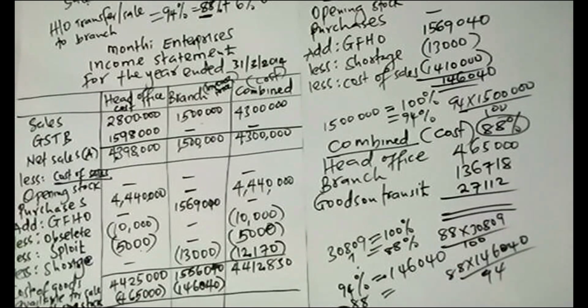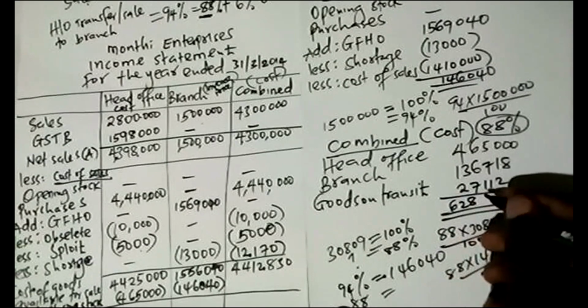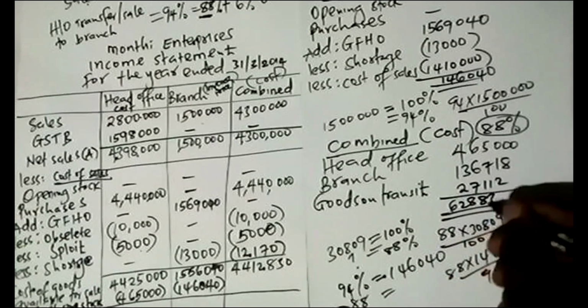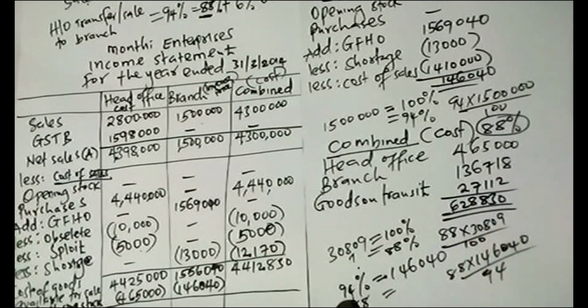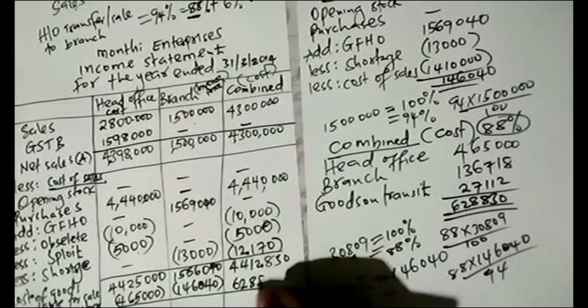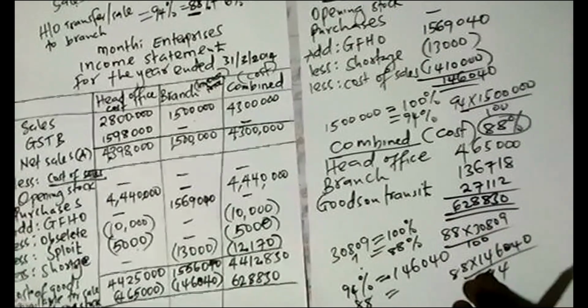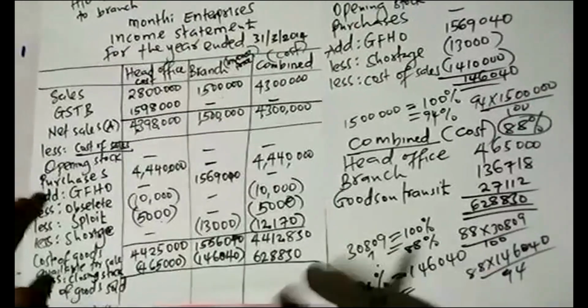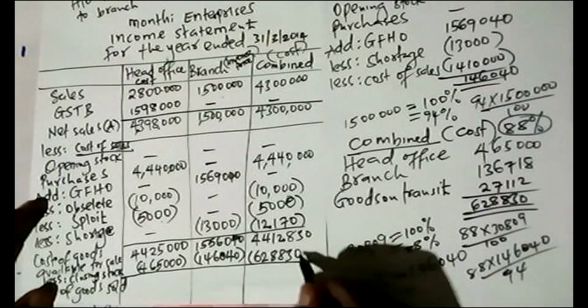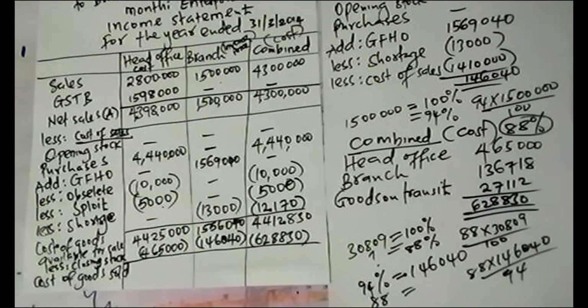465, 136,718, 27,112. So I'm getting 628,830. So up to that point, you subtract those items you have as closing stock from the cost of goods available for sale.